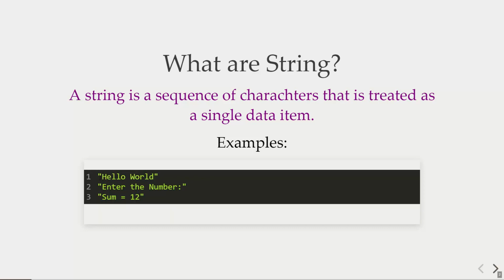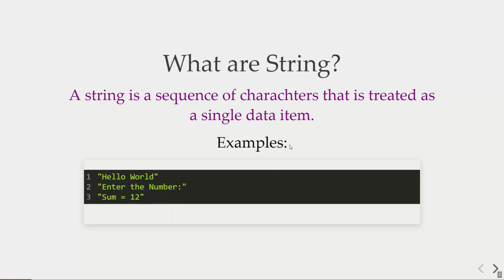Anything inside double quotes is actually a string. This is just a way of telling the C compiler that this is a string. These are just some examples that I have mentioned over here.